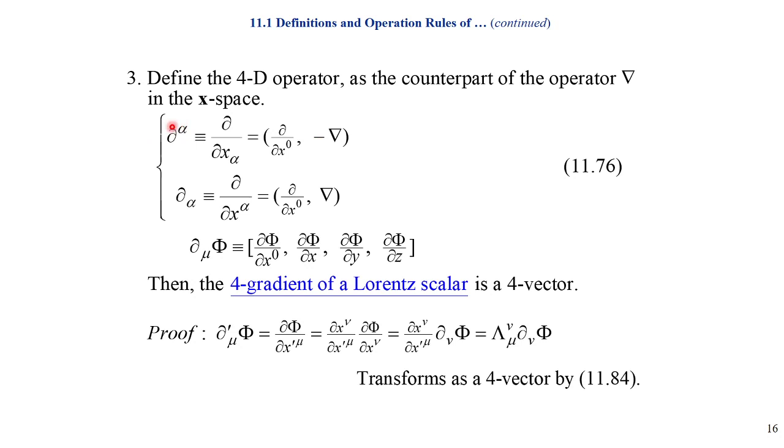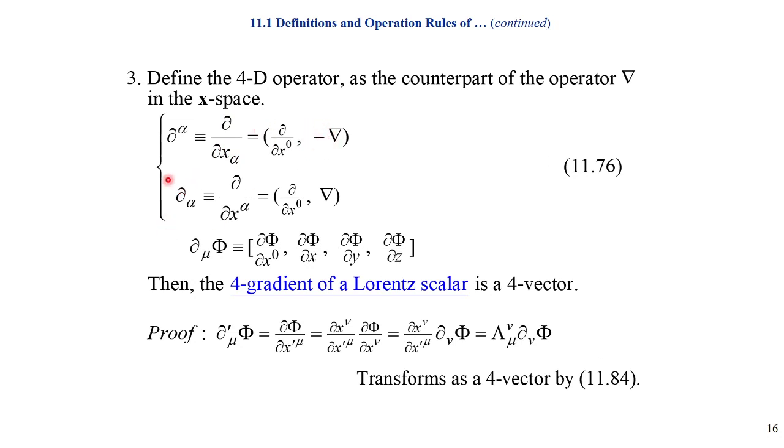You might expect this should be a positive sign for superscript, for contravariant. However, remember, this is an operator. An operator is ready to operate on something, and this is in the denominator, not the numerator. That's why we have a minus sign here.